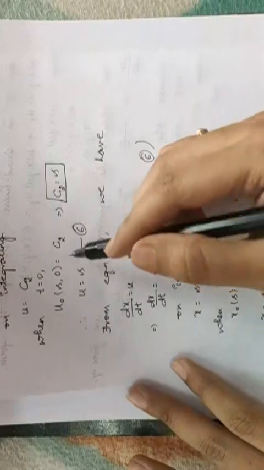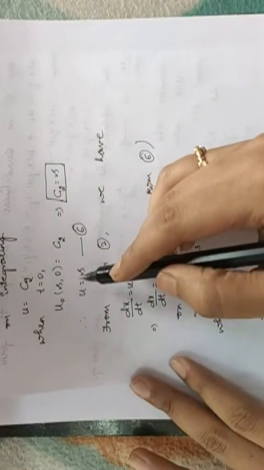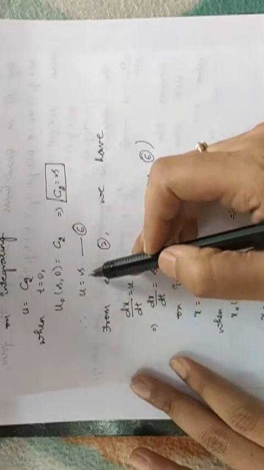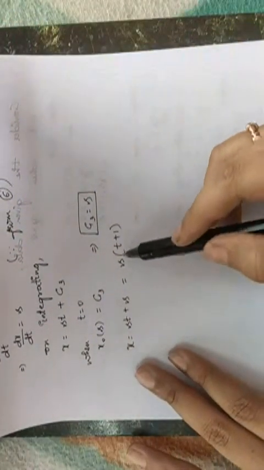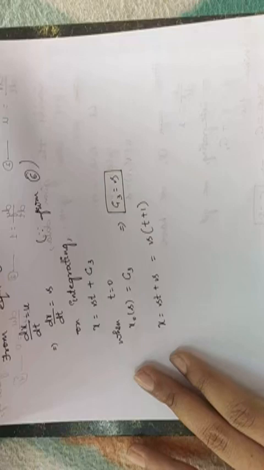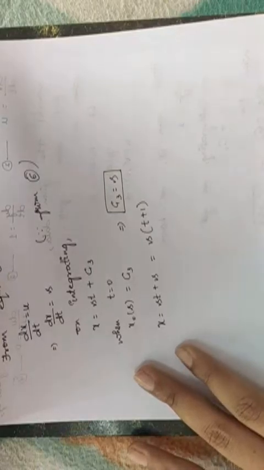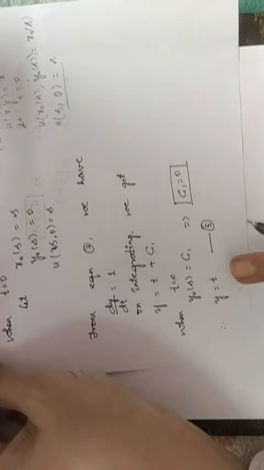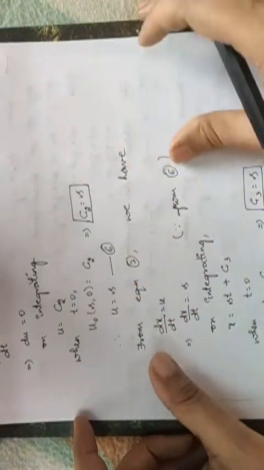The final solution is actually u, but u is depending on the value of s. Here if you observe, s is depending on t also. So now I will consider equation number 5 and equation number 6. That is, equation 5 is y is equal to t and equation 6 is u is equal to s.